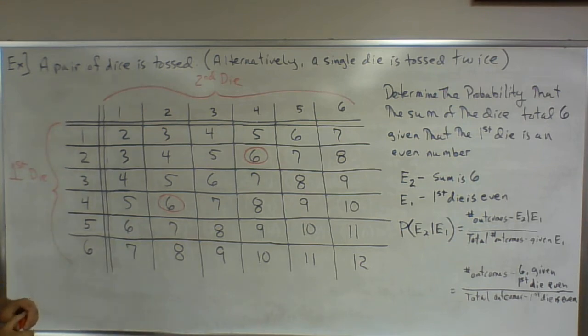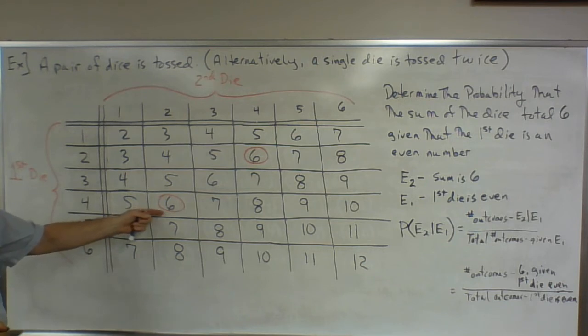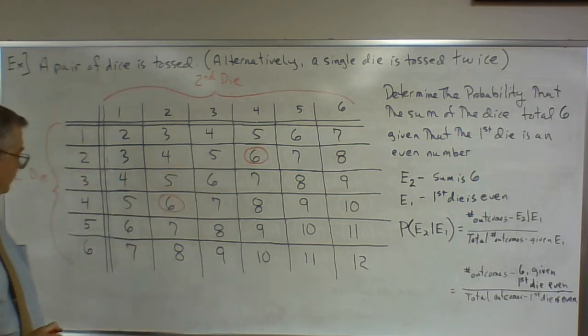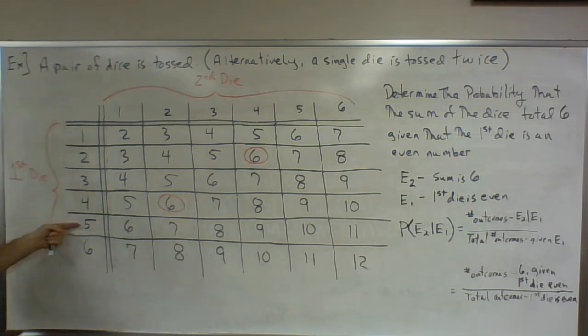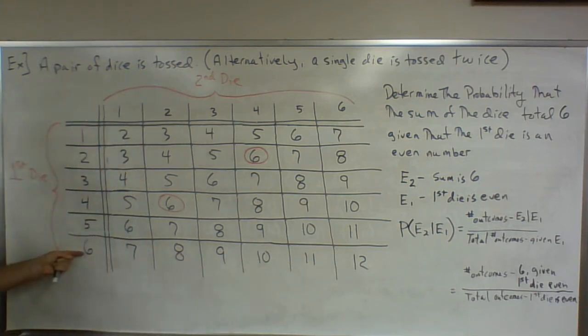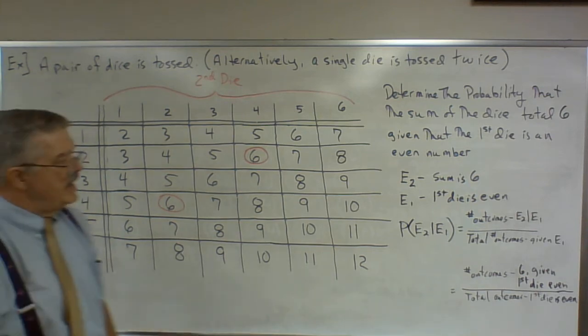No, here the first die is even and the sum is 6. Here the first die is even, the sum is 6. This row won't work because the first die is odd. This row, the first die is even. But do any of these sums equal 6? No.